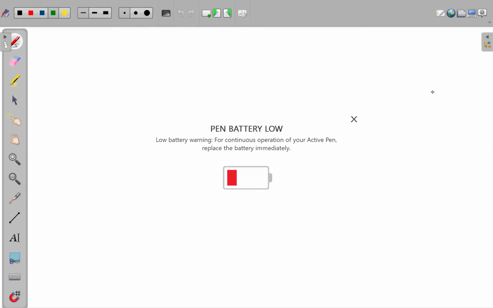I just need to change the battery of my pen here so that I'm able to keep writing. Otherwise, this lesson will not go on. Okay, I have it.